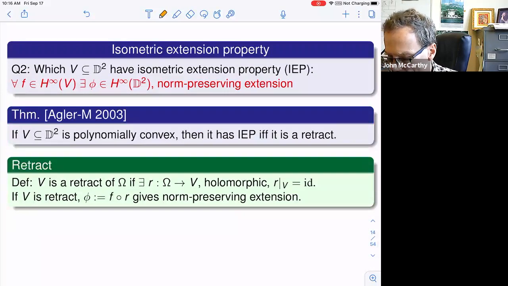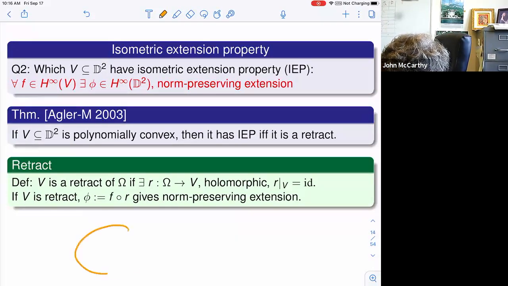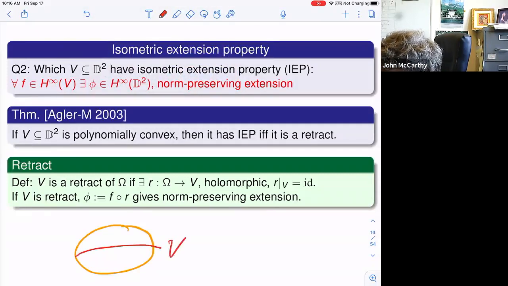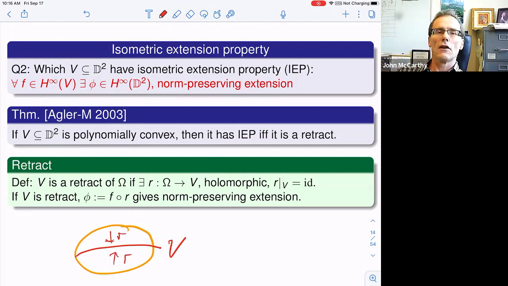So what does a retract mean? If I take some set omega, a retract of omega is some set V such that there's a function R from omega to itself that maps everything onto V. The formal definition: there's a function R from omega to V, which is holomorphic, and it leaves V invariant.